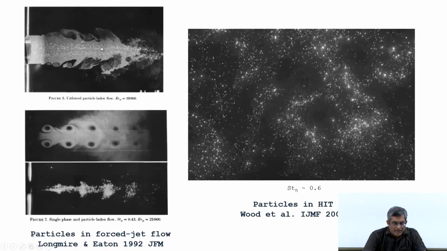So, do you identify any particle dispersion? Do the particles have some radial dispersion? Mostly no, they mostly move axially. But now they perturb the jet. So, they have a forced jet here without particles. Now, in this case they show only particles, but without the gas flow.